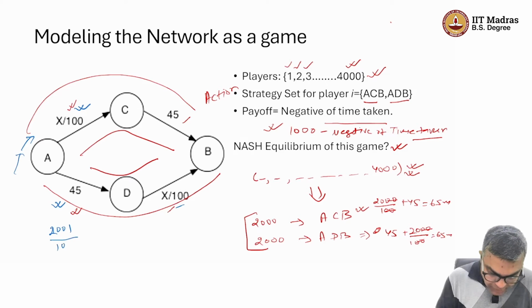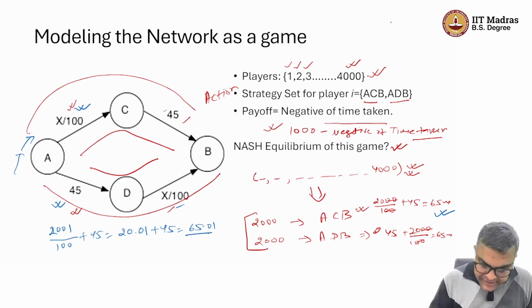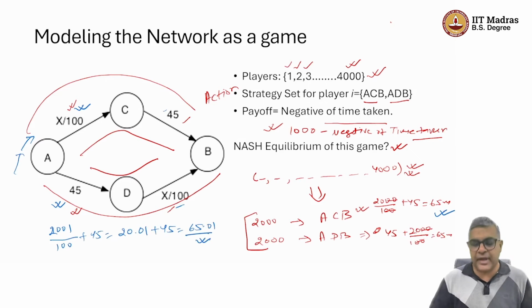So 2001 divided by 100, and here is 45 minutes, and this is 20.01 plus 45, and that is 65.01. Earlier it was taking 65 minutes, now it is taking 65.01 minutes. So clearly this driver doesn't have any incentive to change his action from ADB to ACB because it increases the time.